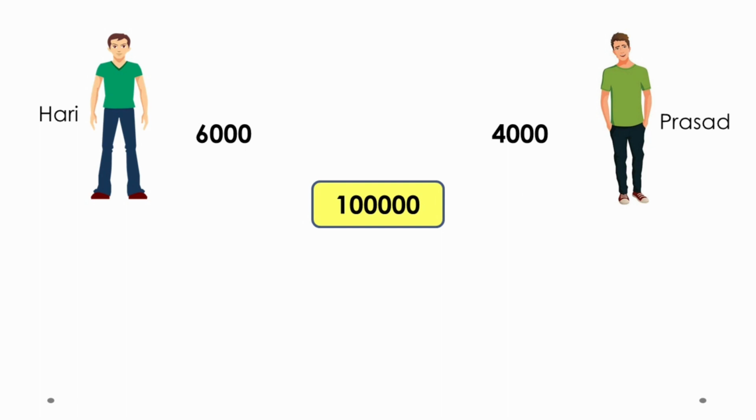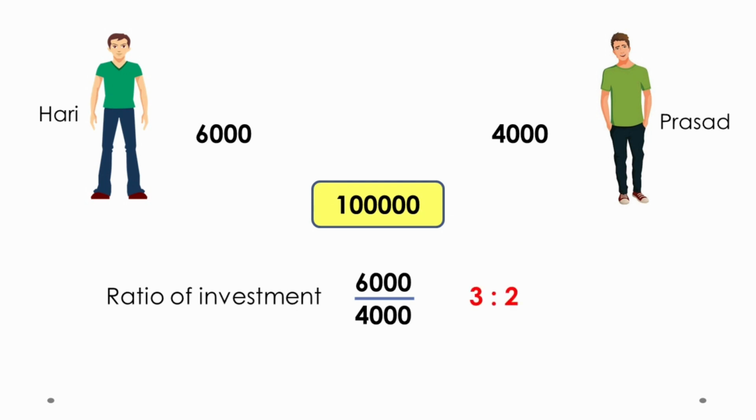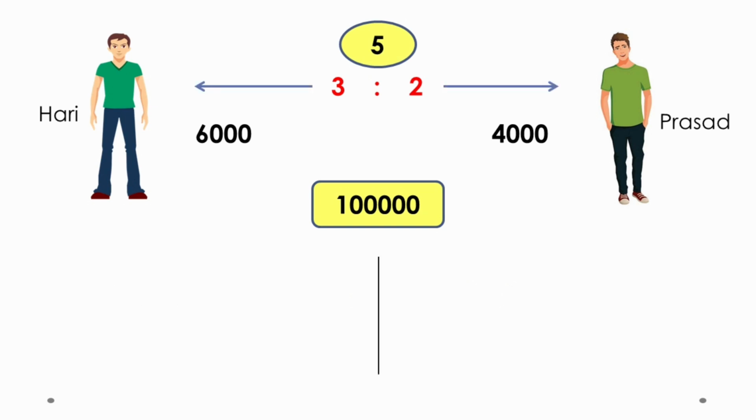First, they need to find the ratio of their investment. The ratio of investment was 6,000 divided by 4,000, which after reducing to the lowest terms turns out to be 3 is to 2. So they will share the profit in the ratio 3 is to 2, which means that in every 5 rupees of profit, 3 will go to Hari and 2 will go to Prasad.